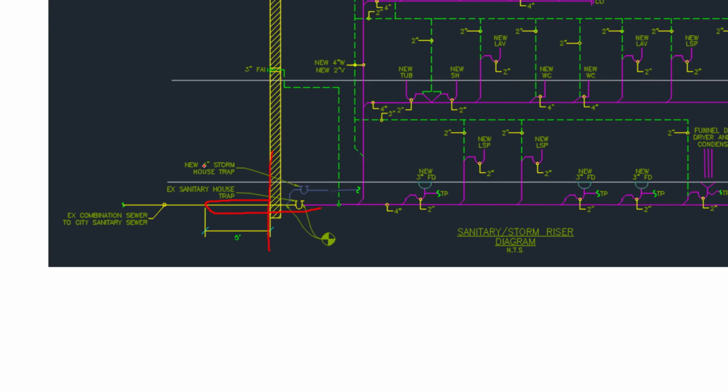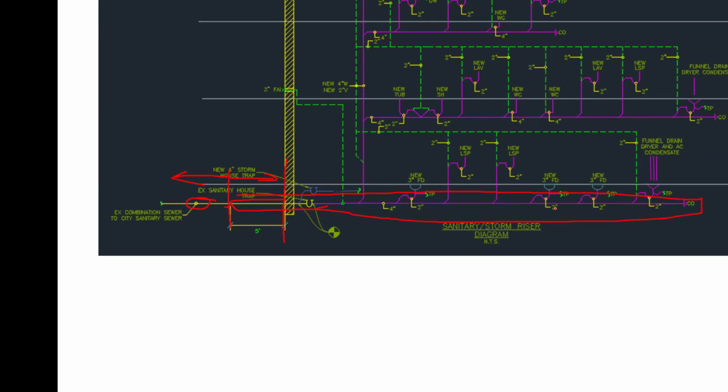And then after the 5 feet out of the exterior building, this here would be considered the building sewer. So anything on this side is the building sewer, anything on this side that is part of this lowest horizontal waste piping would be considered the building drain.